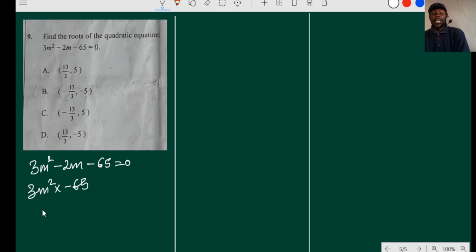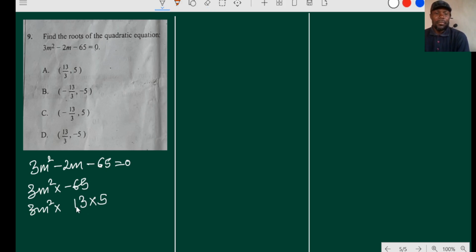The logical way is that you don't even need to multiply it all through, what you just need here is 3m squared times minus 13 times 5. But let's leave minus at this spot.